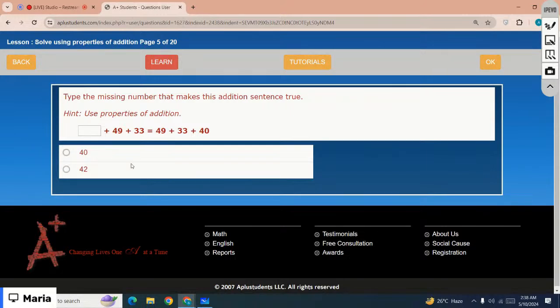The missing number is 40. The correct option is 40.